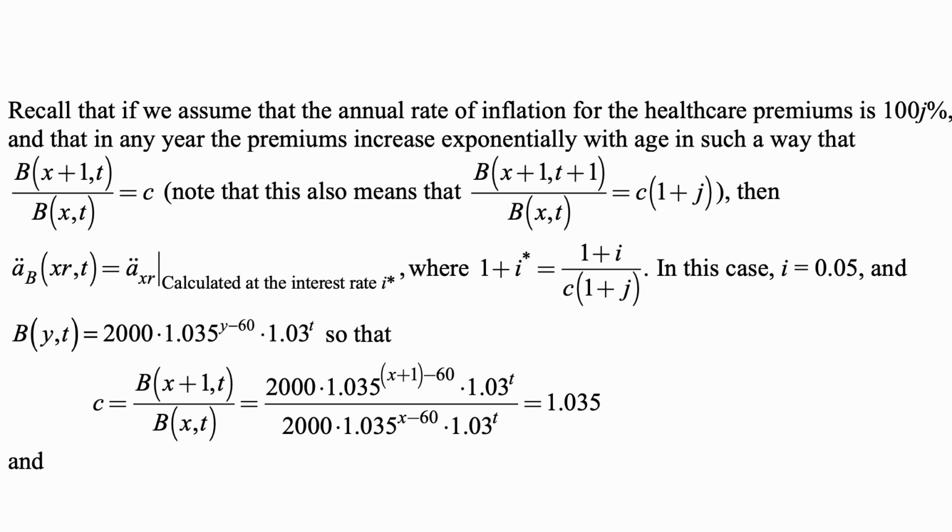the person. Then in a situation like this, ä_b(x,r,t), which is the cost upon retirement of the annuity paid as these healthcare premiums are paid, following the same pattern of payment, starting at 1 and then following the same patterns of any increases, can actually be calculated as ä_{x_r}, where x_r stands for the retirement age.